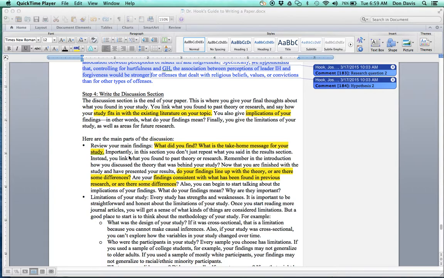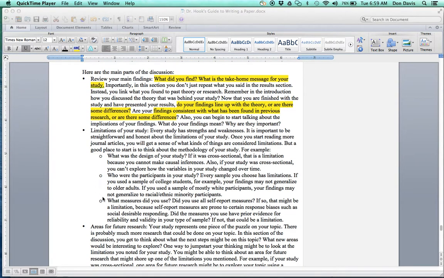There's one part where you talk about limitations and future research. That part's usually easy for me. Usually just based on the design, there are some fairly predictable limitations of your study. For example, if you used self reports, you can talk about measurement issues.